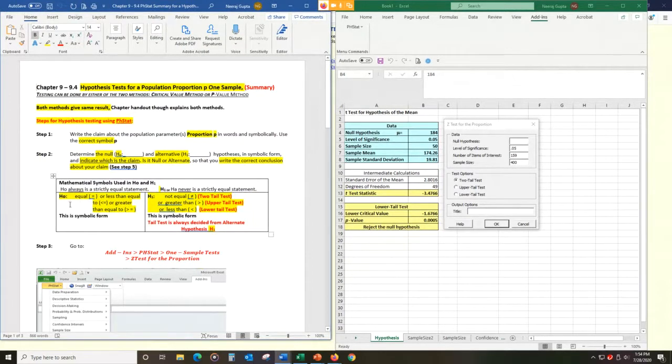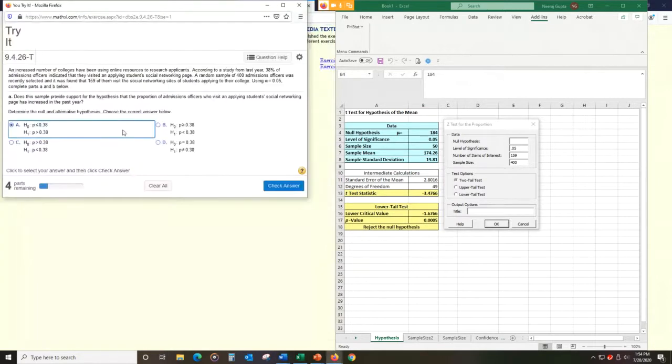In H1 or H0? H1. H1, right? So that's what we are seeing here. Greater than is H1 in this one. In C, greater than is your H0, which is not the correct hypothesis.